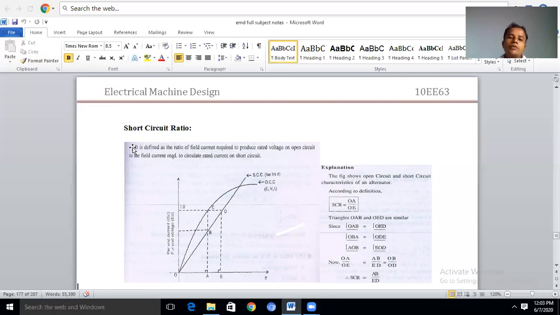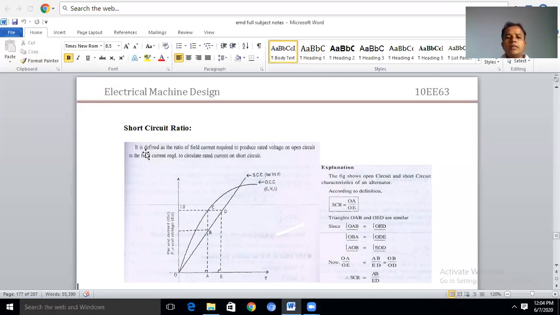Once the leakage reactance reduces, the short circuit current increases. The armature conductors get short circuited, and our machine has to withstand those short circuit currents. Short circuit ratio is defined as the ratio of field current required to produce the rated voltage on open circuit to the field current required to circulate rated current on short circuit.